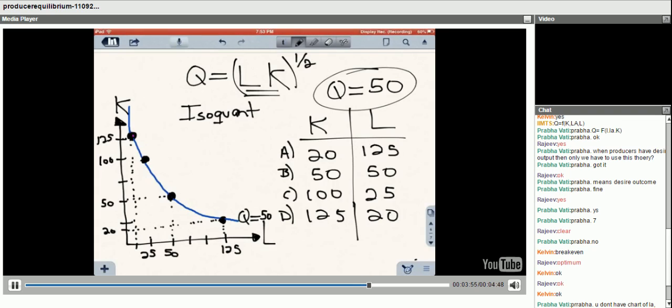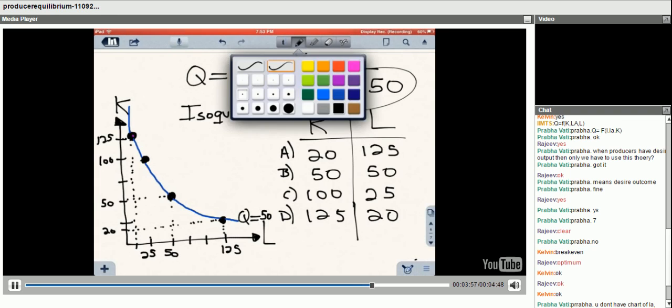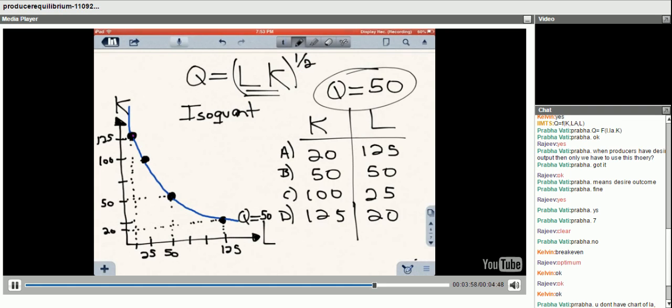Because let's say you can actually produce more output if you want, and since the form of the production function is the same, every time you produce more output, what you do is you move to an isoquant that is farther away from the origin but keeps the same slope. And the same thing if you produce less output. And you can try this on your own.